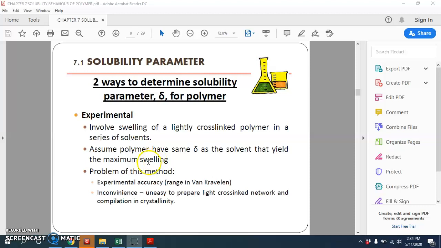The problem with this method is that it affects the accuracy and is inconvenient, as it is not easy to prepare the lightly cross-linked network, and there is complication from crystallinity.